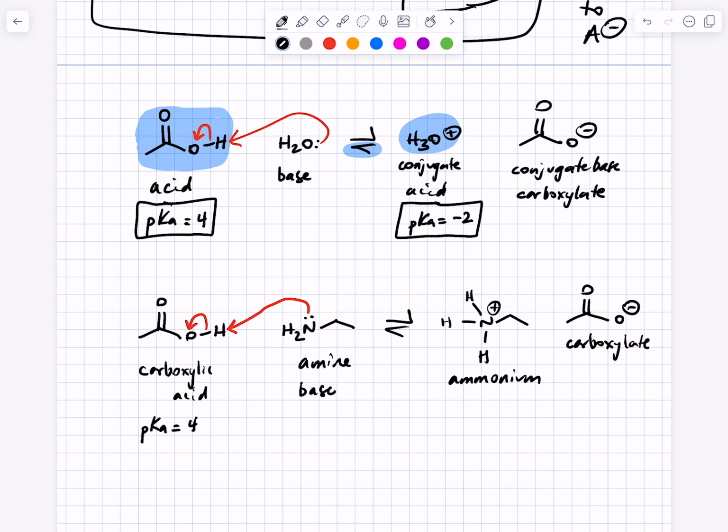What have you got? Anything? 9. Okay, let's see, looking at the table, 9 is for NH4 plus. What if one of those hydrogens is an R group? Does the pKa change at all?